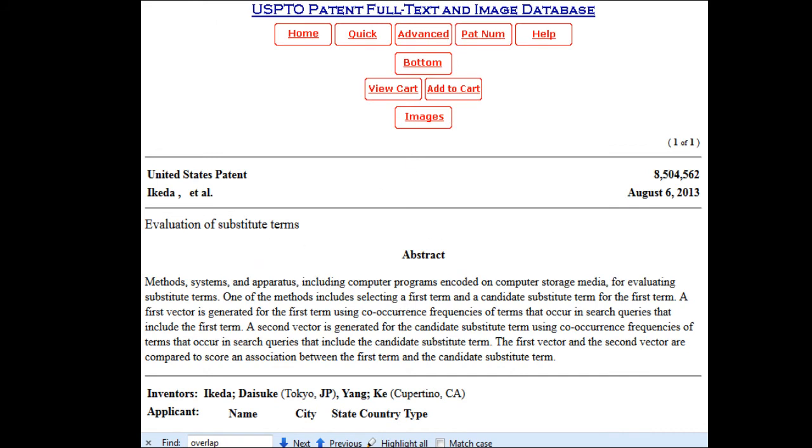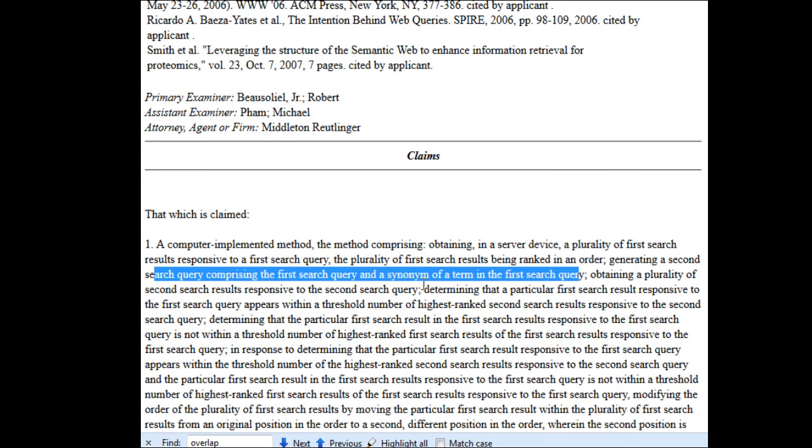All right, so now that we know how they figure out synonyms, to make a long story short, what they're doing is they're taking a look at the results of keyword A. They're finding a synonym, keyword B. They're taking a look at the results there, and they're finding the results that are in both keyword A and keyword B, and they're promoting those results, right?